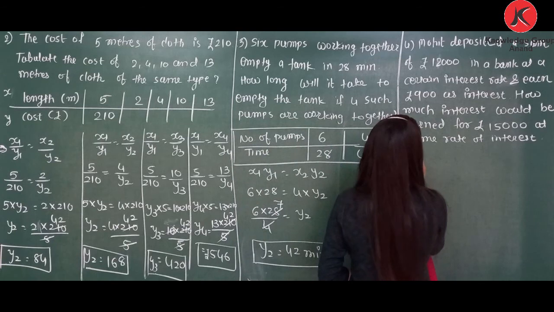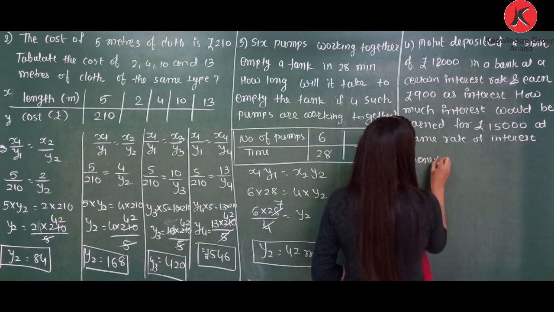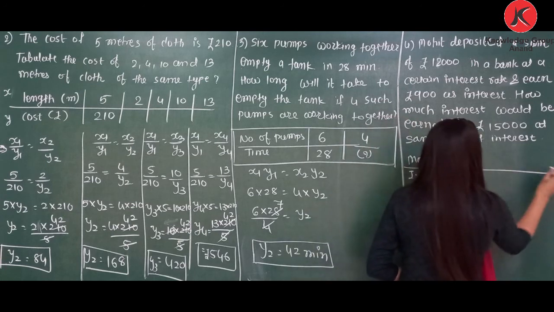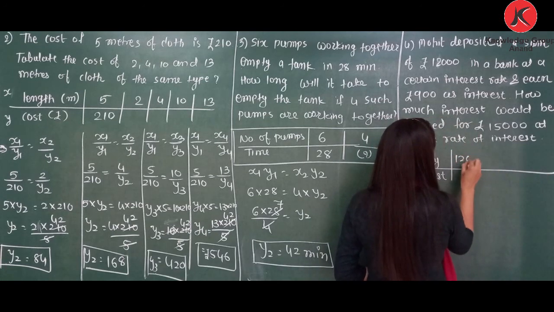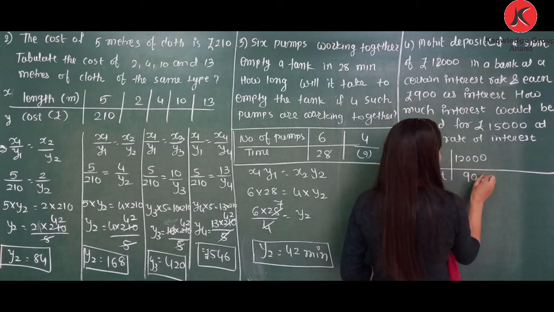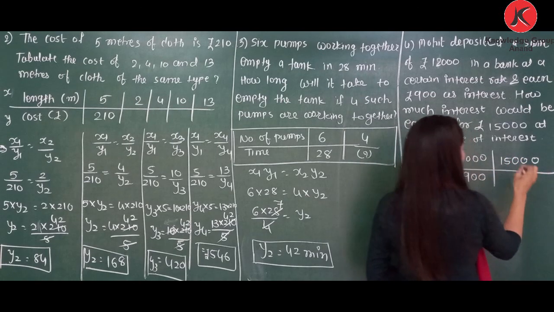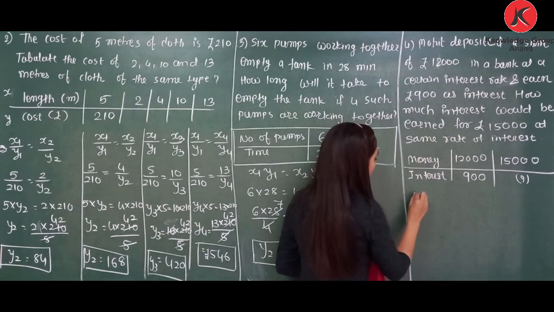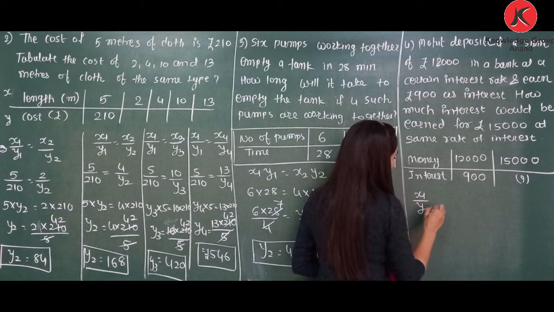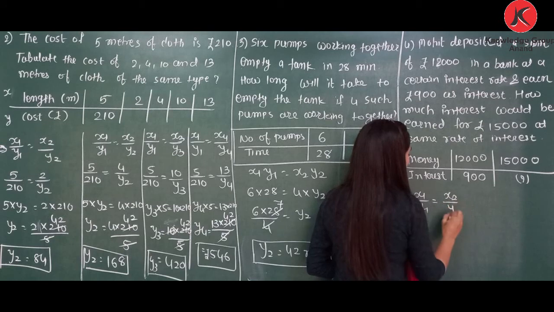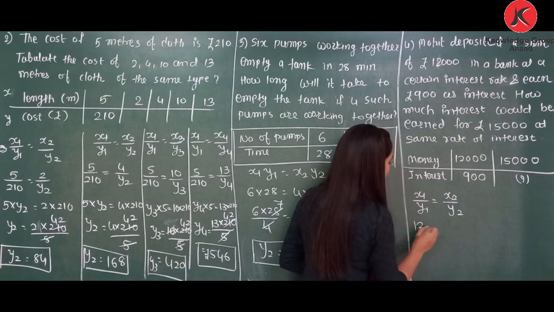So we can write money and interest. If deposited money is 12,000, interest is 900. When it is 15,000, what is the interest? So here we can write x1 divided by y1, because it is in direct proportion.